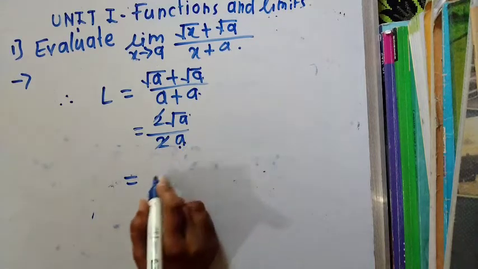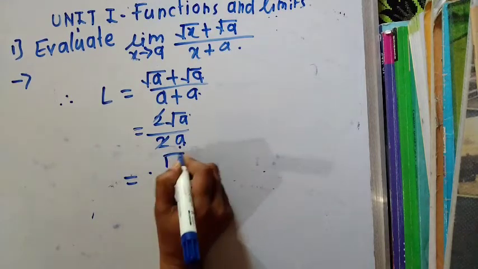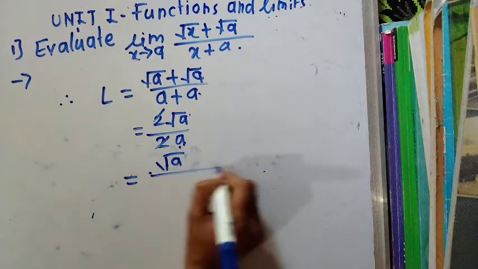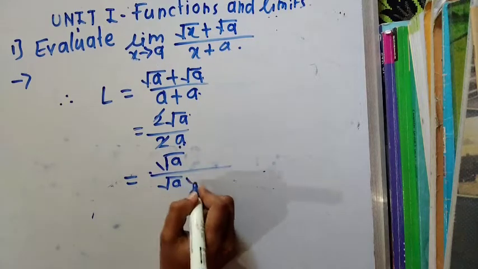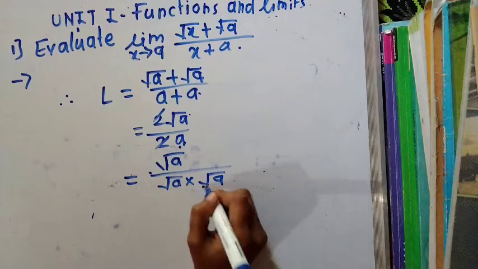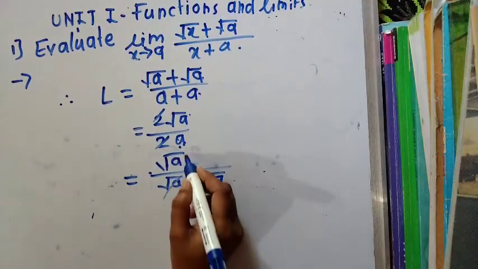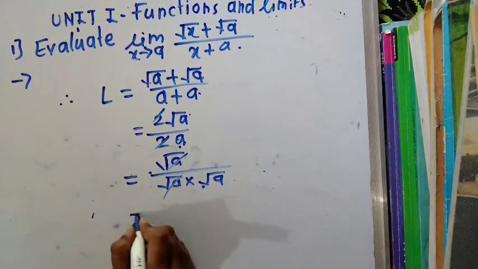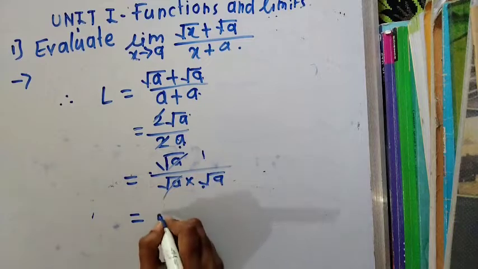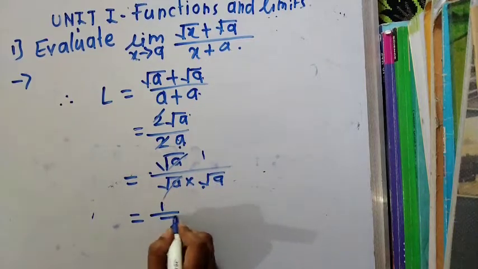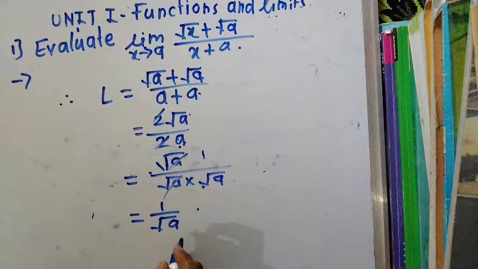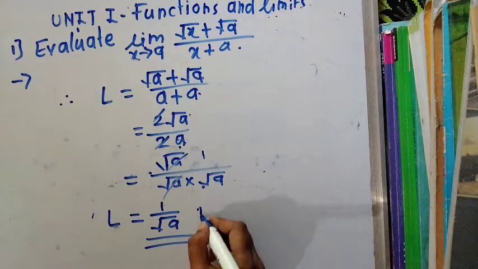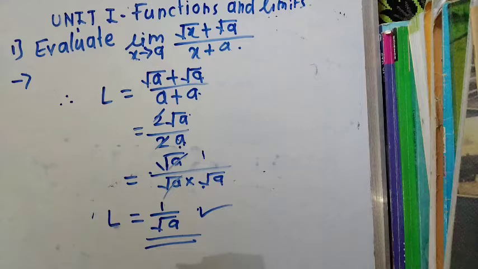Now how can we write a? Root a into root a, root a squared means a, so root a cancels with root a. So this answer is 1 divided by square root of a. So the final answer is 1 divided by root a.